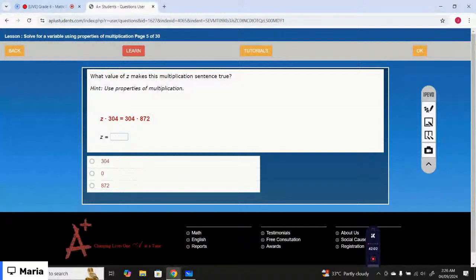That is 872, right? The missing number is 872. Very good.